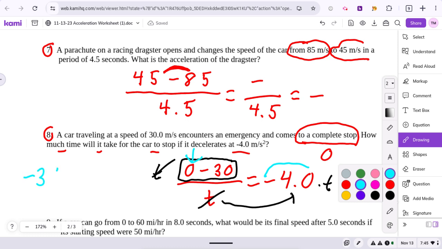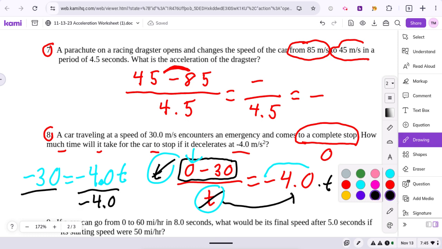So you'd get -30. These t's eliminate, equals -4.0 t. And you should know how to do this from math class, right? Just divide by -4.0 on both sides. And then that will give you the time.